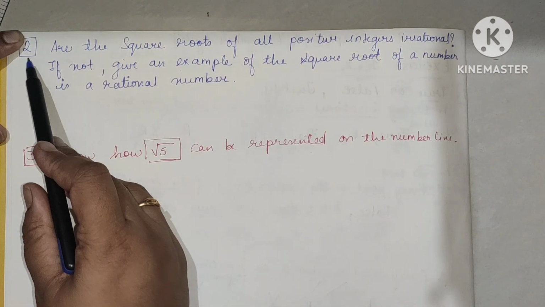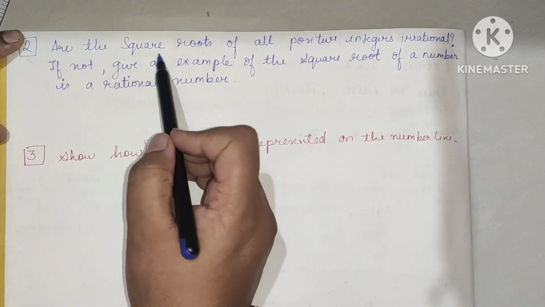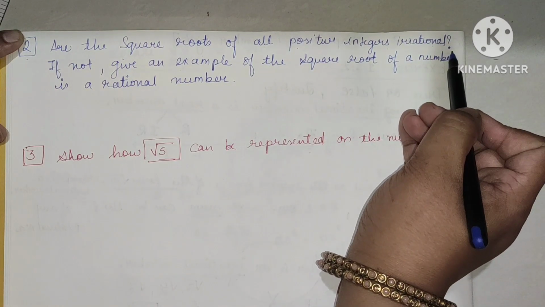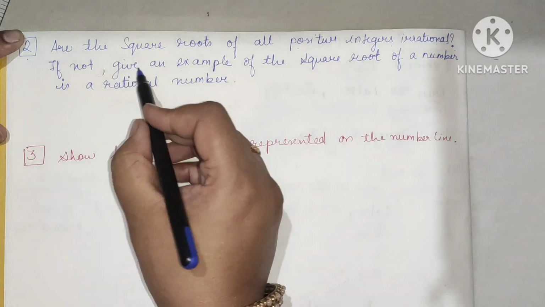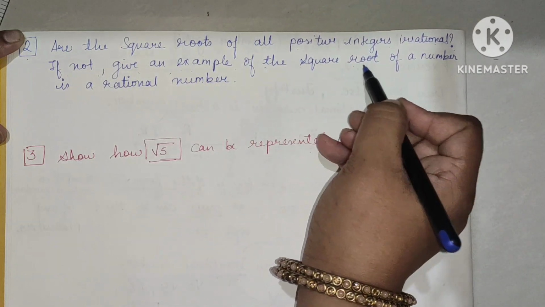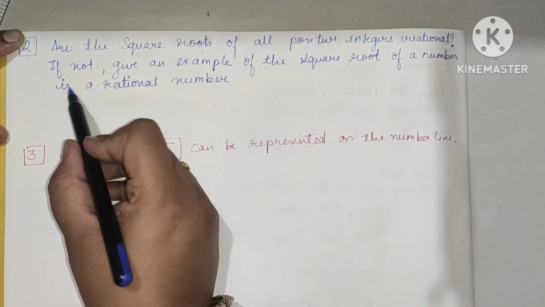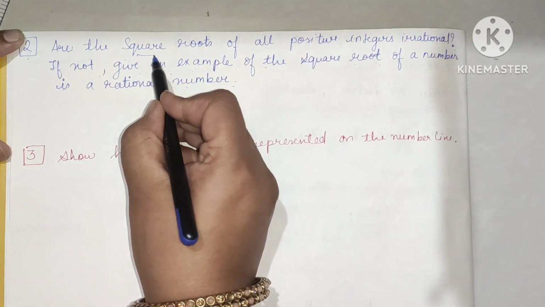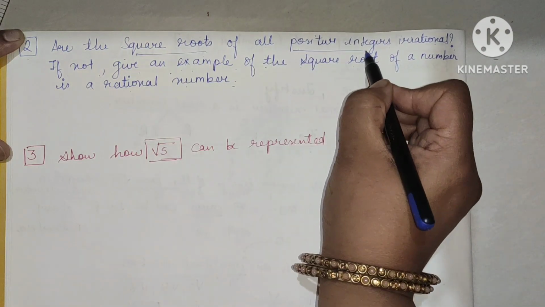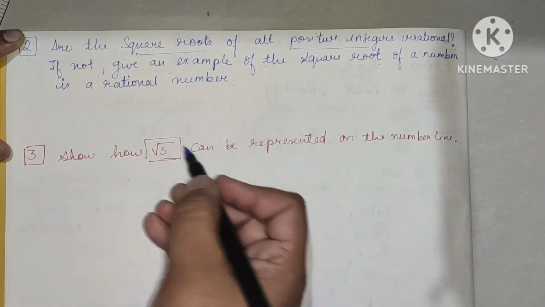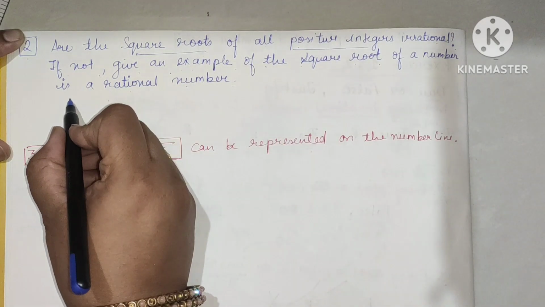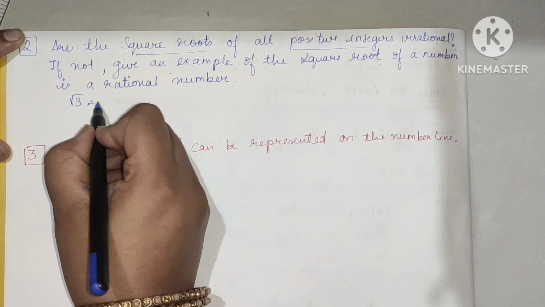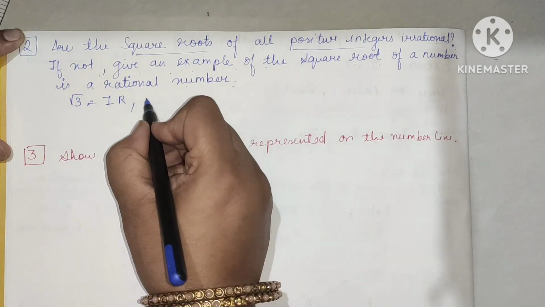Here we'll see the second question. Are the square roots of all positive integers irrational? If not, give an example of a square root of a number that is rational. The last statement we have seen, so the example for this we'll see first. Square root of 3: yes, it is irrational.